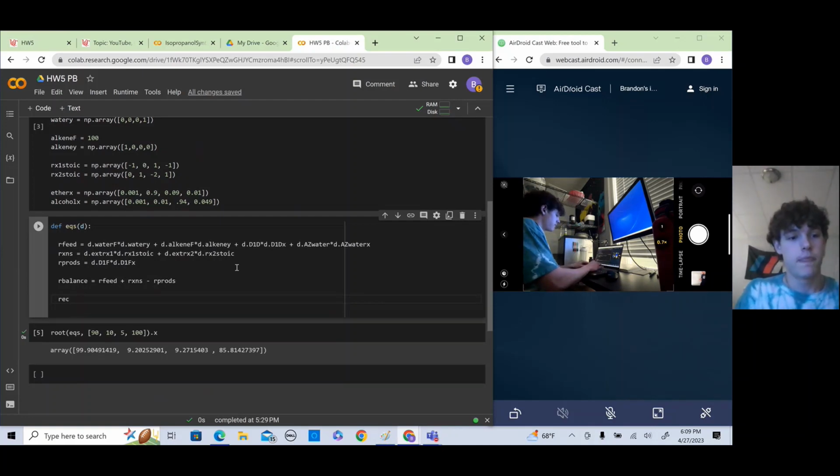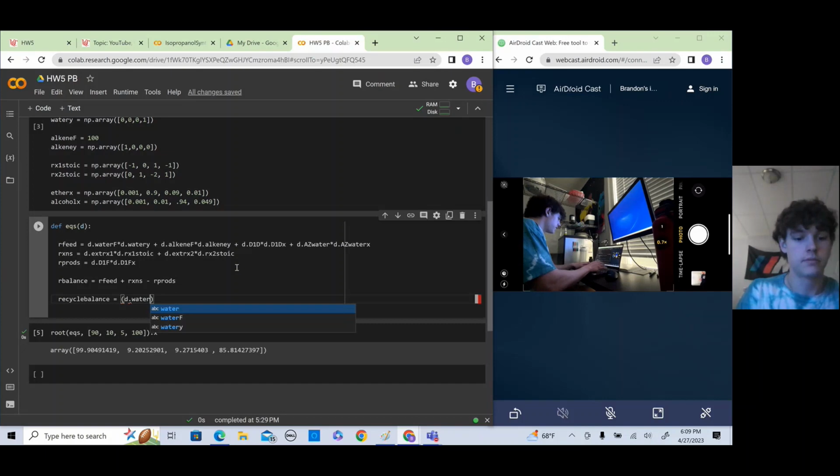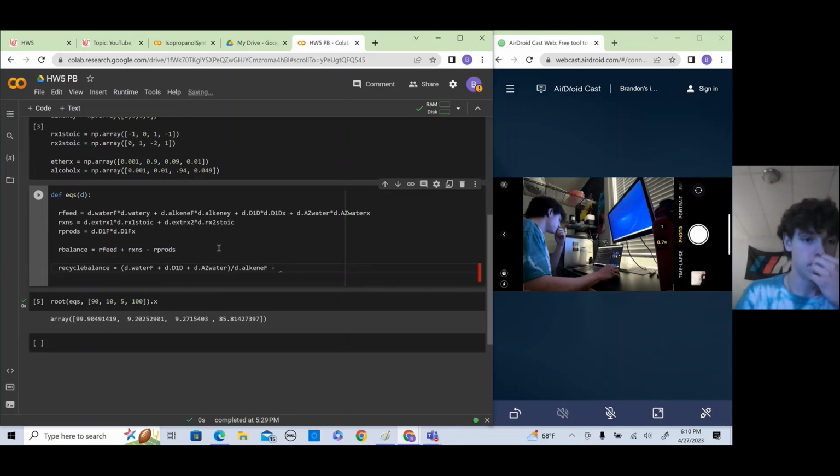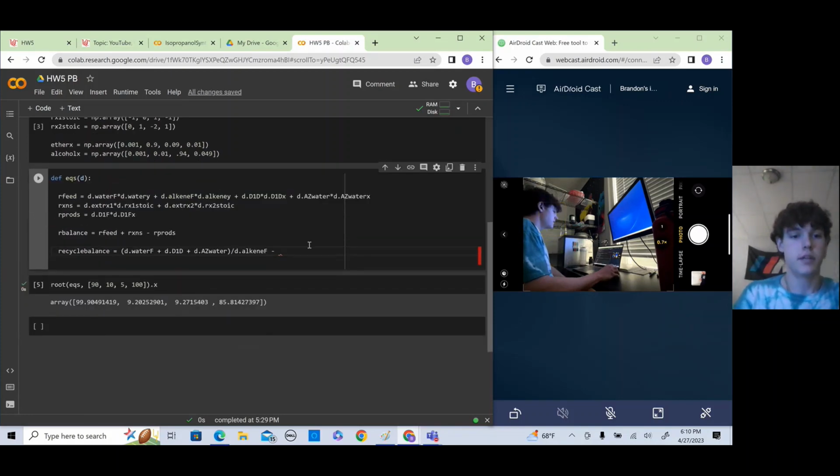The recycle balance will be equal to all of our waters coming in, so our d dot water F plus d dot D1D plus d dot AZ water, divided by our alkene flow rate, d dot alkene F. To equal it out, we have what we specify as how much more water is coming in than the alkene.